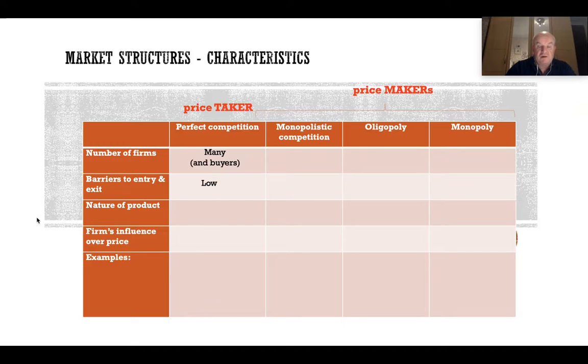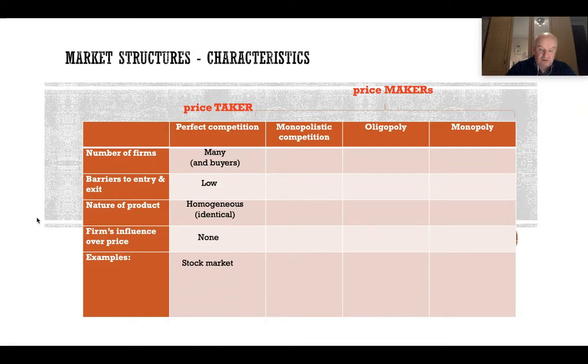There are low barriers to entry and exit, so that means that businesses can come in and leave the market without it being hugely expensive for them to do that. The nature of the product in perfectly competitive markets is that they're homogeneous, they are identical. The firm's influence over price is absolutely none. It has to be the market price that is the price that you can charge for your product or service.